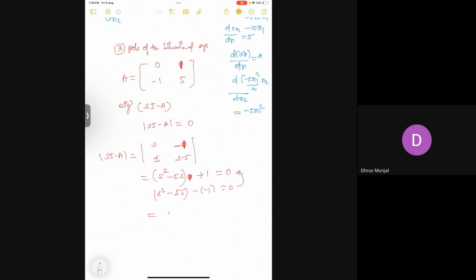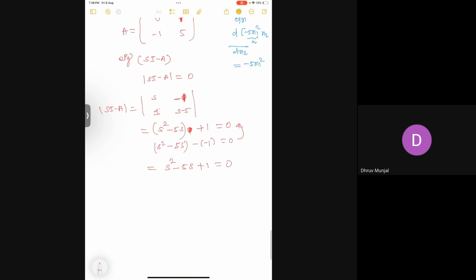Good. Now this is my characteristic equation. If I find the poles out of it, minus b plus or minus root of b square minus 4ac, divided by 2a, gives 5 plus or minus root 21 by 2. Can I split this further? No, 21 is 7 into 3, nothing comes out of the root.